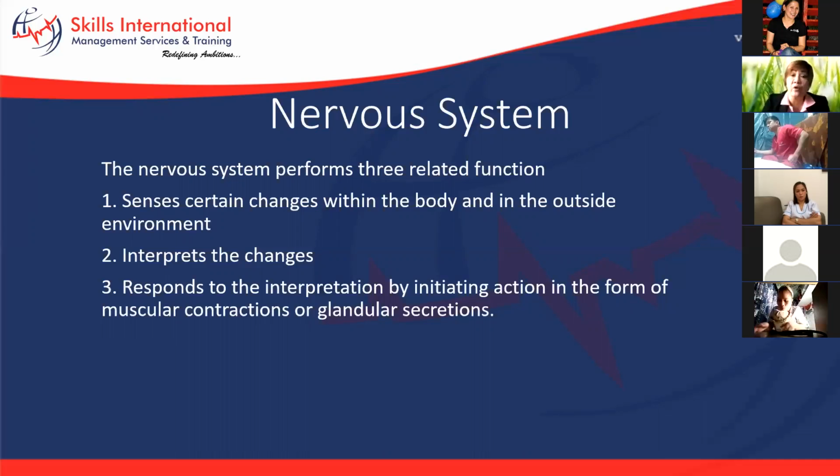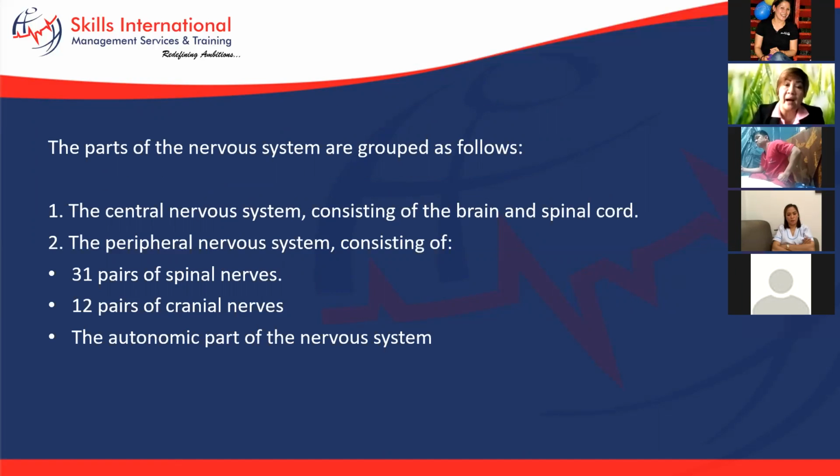The nervous system is grouped as follows. Ano yung mga nervous system na tinatawag natin? The central nervous system consists of brain and spinal cord. Yung peripheral nervous system natin, it consists of 31 pairs of spinal nerves, 12 pairs of cranial nerves, and the autonomic part of the nervous system.